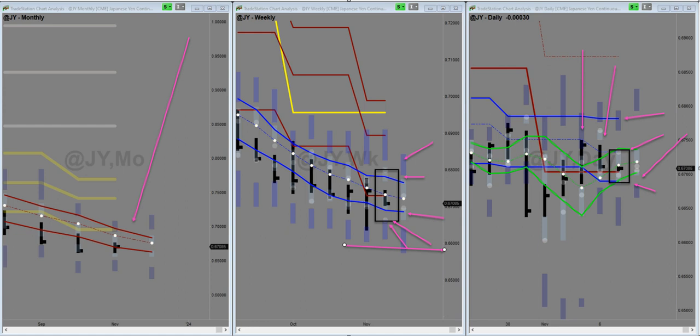It's hard to see, but this low, this nearby support area, see if that holds for the week, and then maybe expect we're going to see prices start to come in on top of next week's PL dot and start to push higher. So I'll keep an eye on this and post anything that looks interesting.